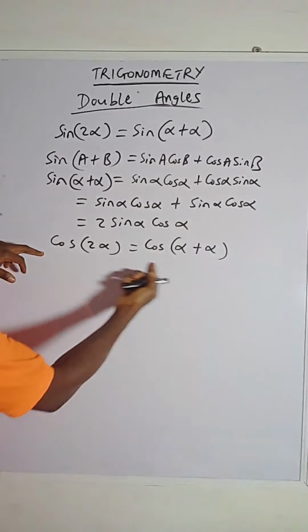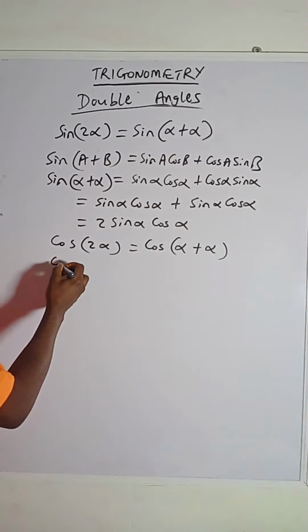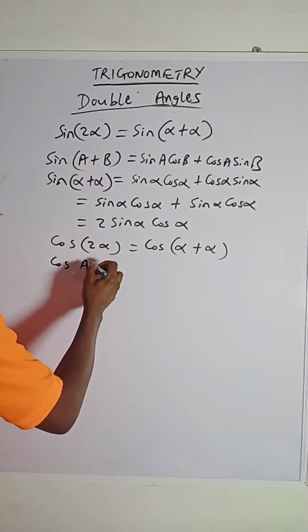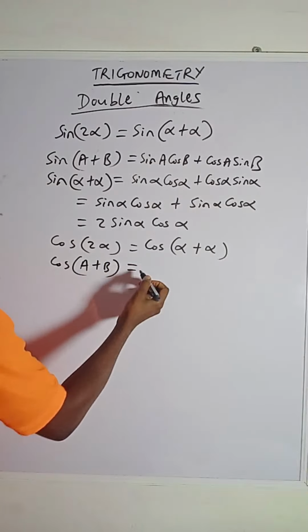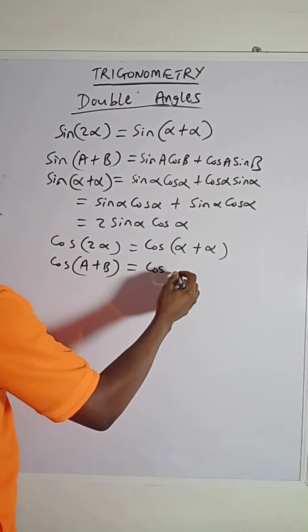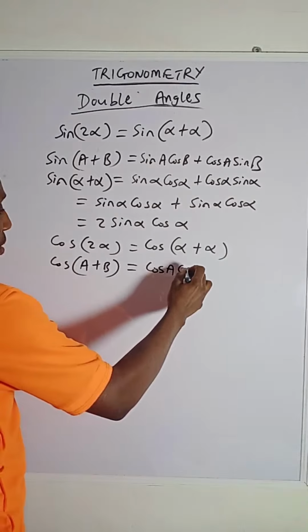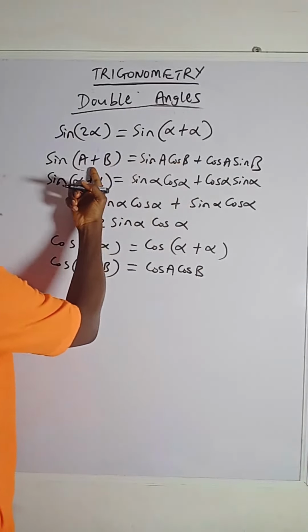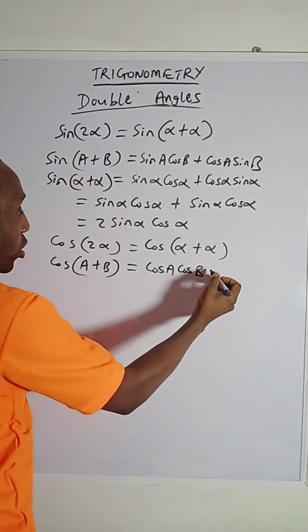So what about this one? How do we do this for cos A plus B? Cos A plus B is cos A cos B. For sine, it is still plus when it is plus, but for cos, it's going to be minus.